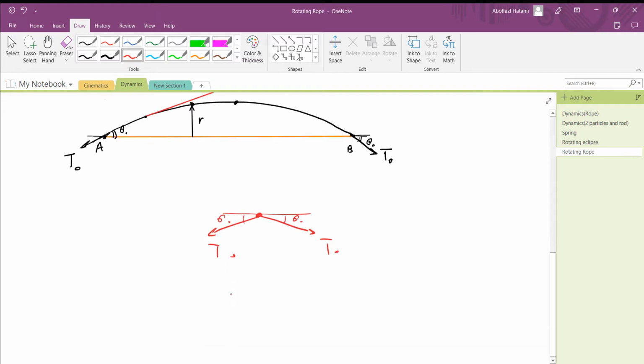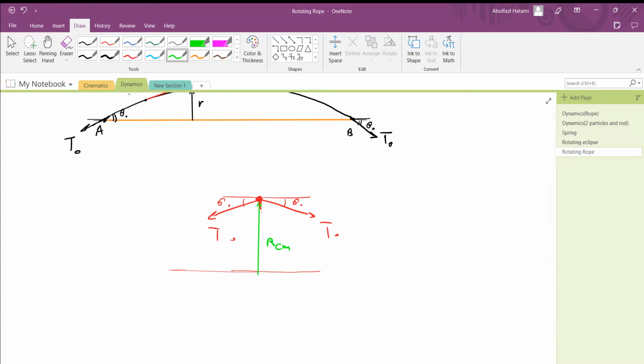Also, the distance between the center of mass and the line which it is rotating around is RCM. The question says that it is RCM and it is rotating around it.